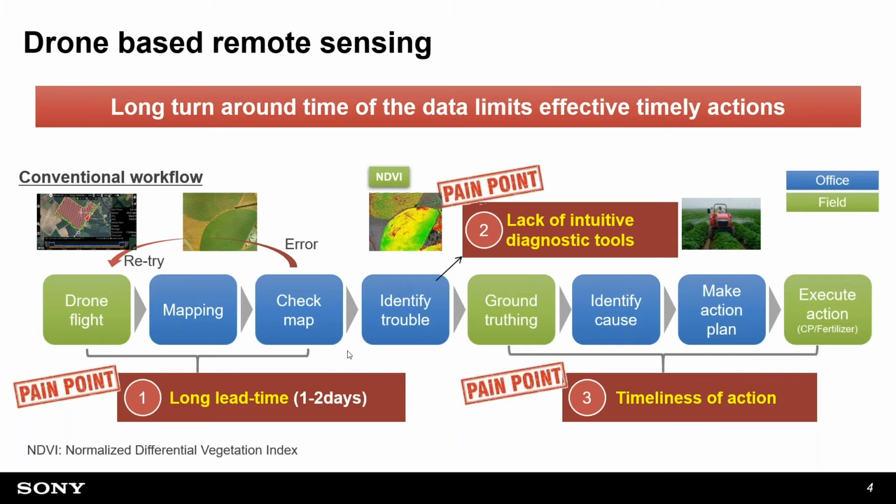That's something you would expect, but it's not easy to have the data ready for quick decision making. Also, intuitive diagnostic tools are lacking. As a result, the timeliness of the action is lost.